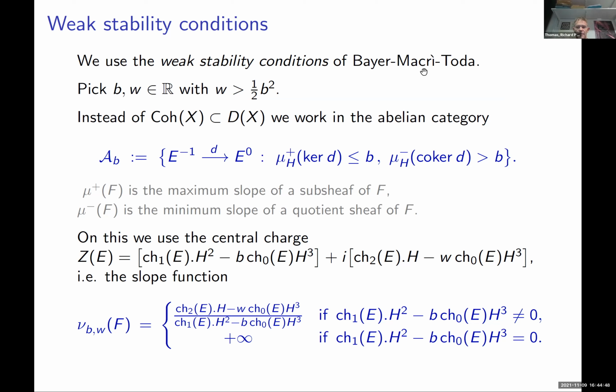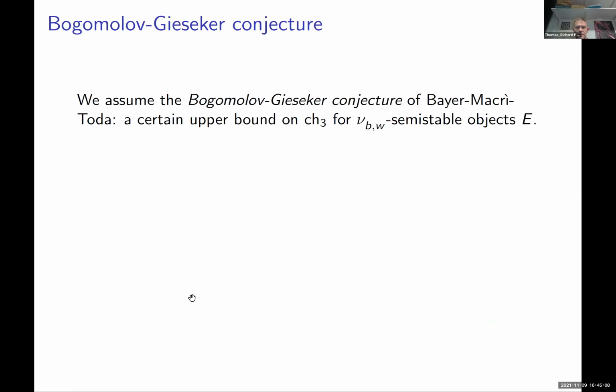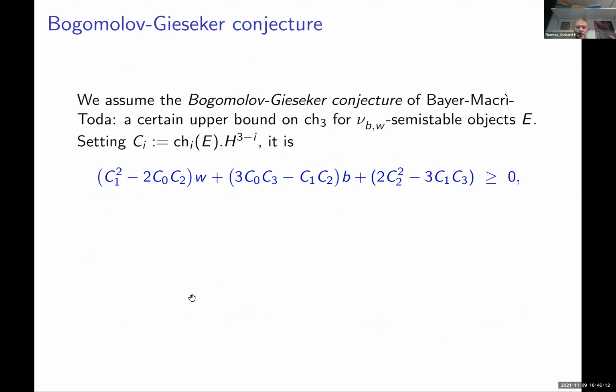So the Bogomolov-Gieseker conjecture of Bayer-Macrì-Toda is sort of one up from that. It says that for objects which are stable with respect to this slope on this abelian category, even though the slope only uses rank, first Chern class and second Chern class, we have a bound on the third Chern class. So that's this Bogomolov-Gieseker conjecture. And there's the inequality, and you're not supposed to absorb it.